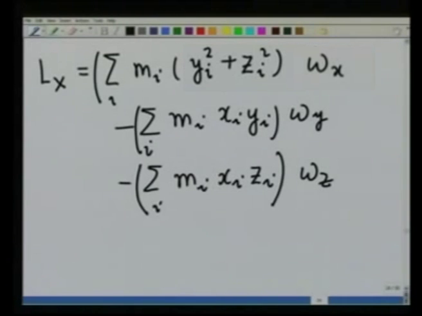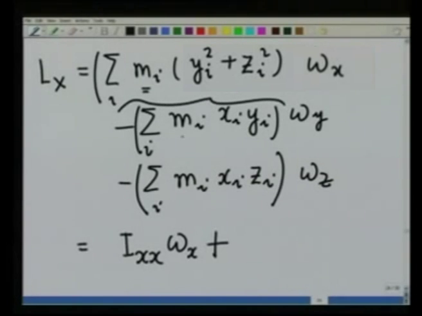You recall, yi square plus zi square is the perpendicular distance squared of the ith particle from the x axis. So, this is nothing but the moment of inertia about the x axis. Let me write this as Ixx omega x. Then minus summation mi xi yi I define as the product of inertia Ixy, multiplied by omega y, plus the last term I identify as the product of inertia Ixz omega z.